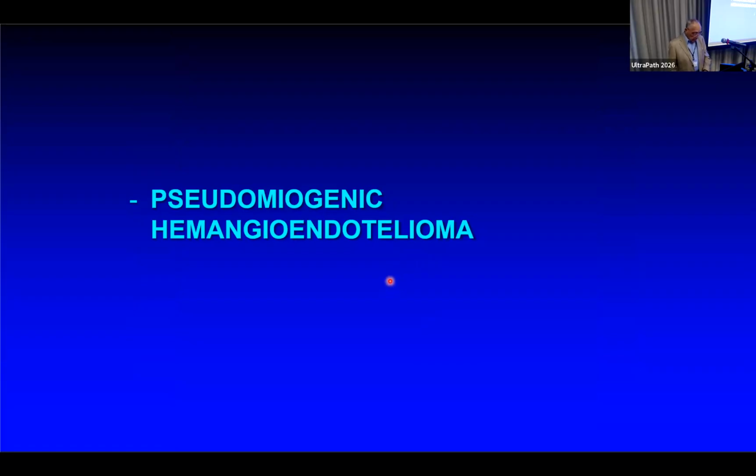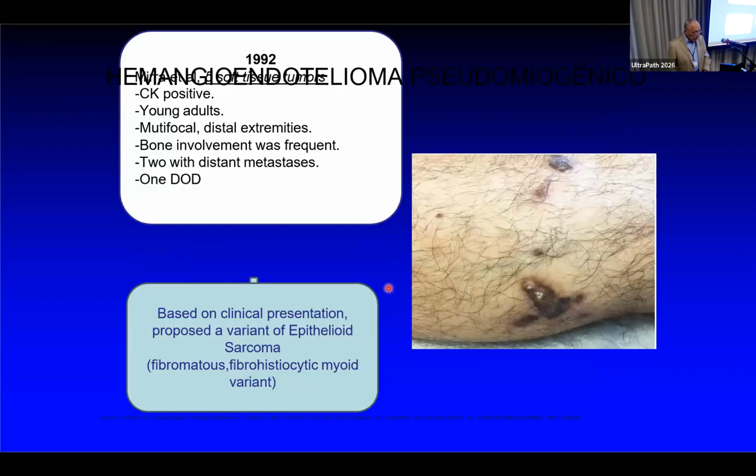It's a relatively new entity. It was described in the 90s by the Mayo Clinic people. It affects young adults, multifocal, bone, and only one of this series of cases, which were more than 20, was metastatic.